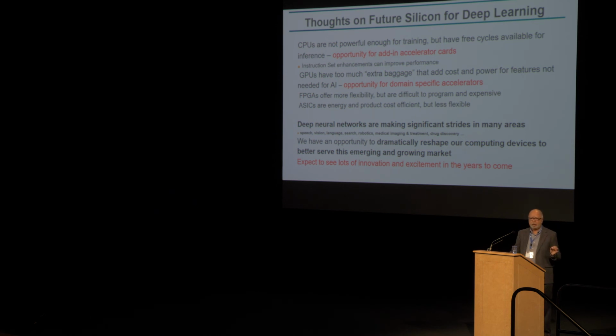In order to do a good job for machine learning, we have an opportunity to dramatically reshape how our computing devices work. For example, I spent a good part of the afternoon yesterday in the workshop on approximate computing. In machine learning, you don't need the full double precision accuracy that you get with IEEE floating point. A lot of the inference is now being done with 8-bit integers and moving to 8-bit floating point and 16-bit floating point.